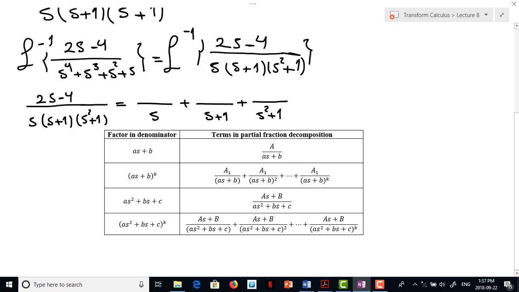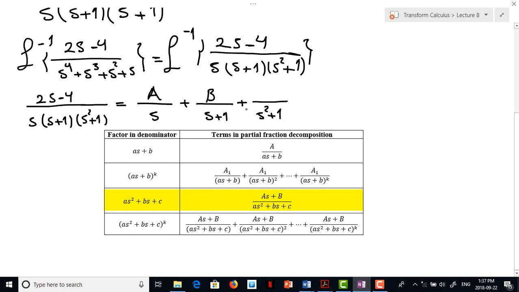For the first partial fraction, we are in the first category because we have only s. So a is equal to 1, b is equal to 0. As a result, we have A over s. For the second one, we have s plus 1. Again, we are in the first category. As a result, I have to pick another variable, so I say it's B. And for the third one, we have s squared plus 1, which is in the third category.